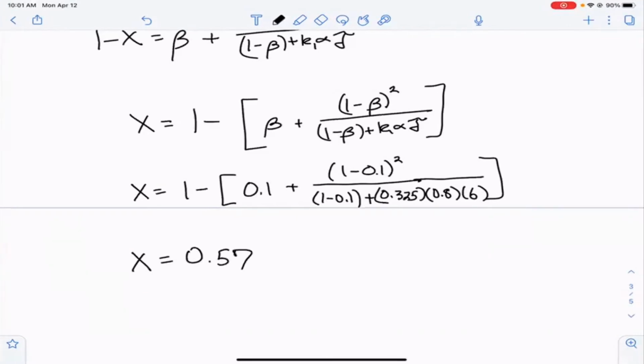0.57. So you can see that the dead zones, which reduce the effective residence time, and the short circuiting severely limit our reactor effectiveness, right? We go from a conversion of about 0.6 to 0.57.